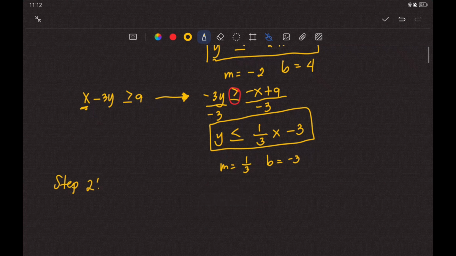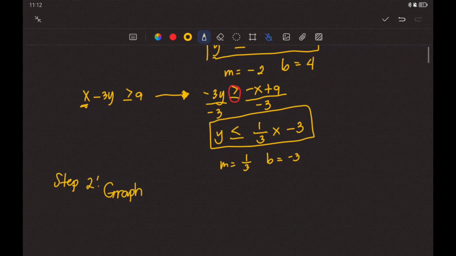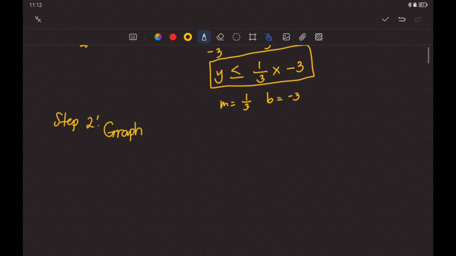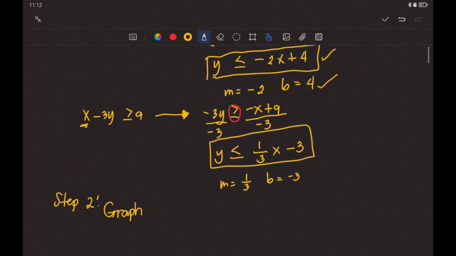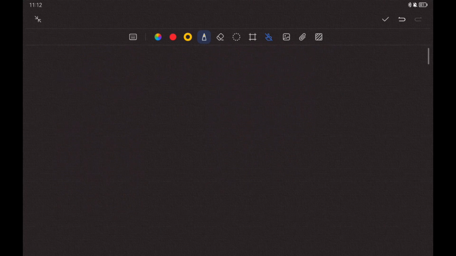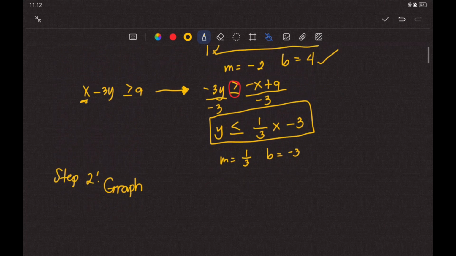Step number 2, we are going to graph. Let us first graph the first inequality, which is this one, where our slope is negative 2 and our y-intercept is 4.